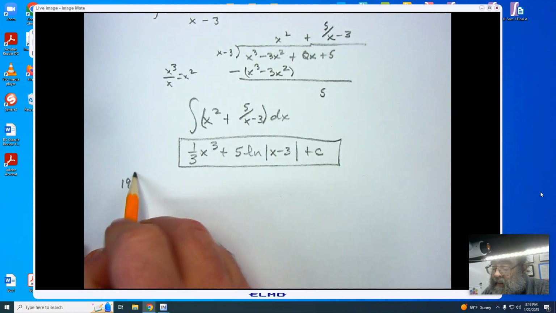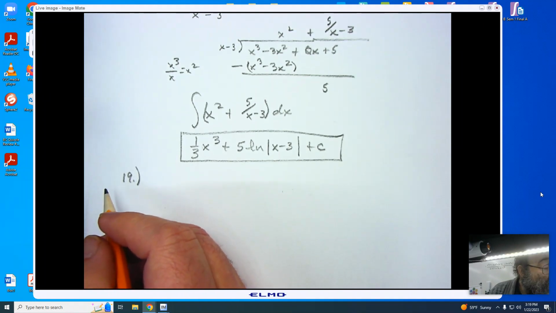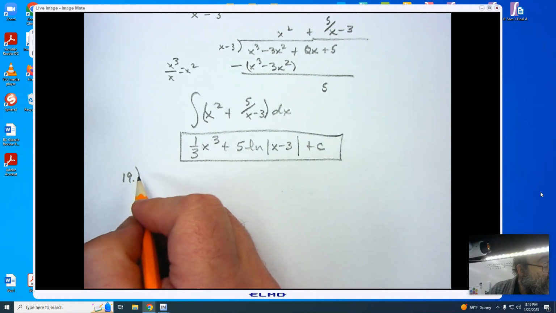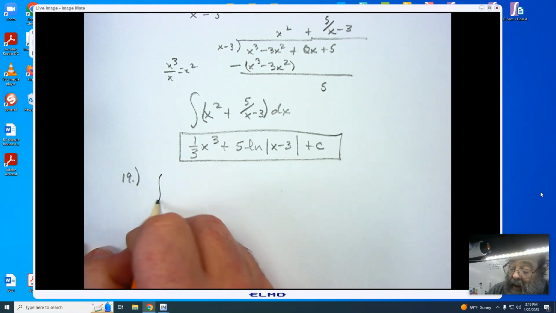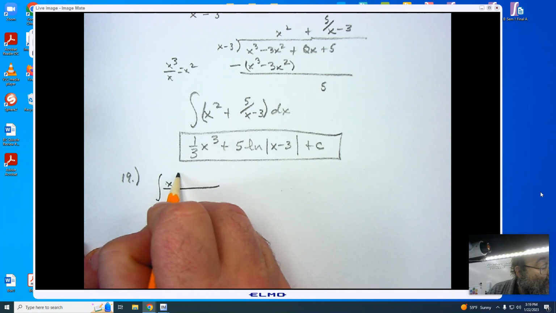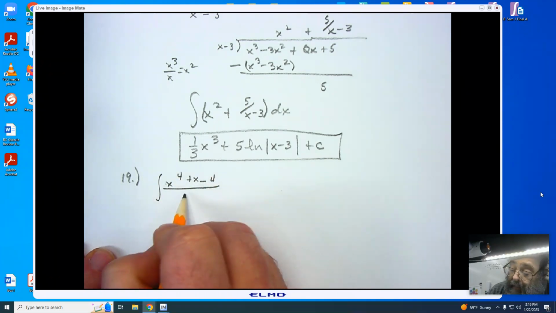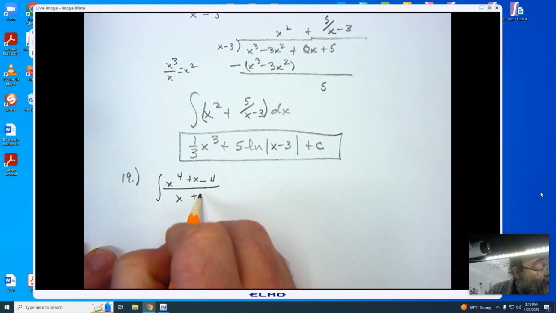Number 19. Now we're just continuing with this all the way through. Once again, there's really not much here except problem after problem of practice. And I would expect that you just keep going, try them. I know that you're going to get tired of them.